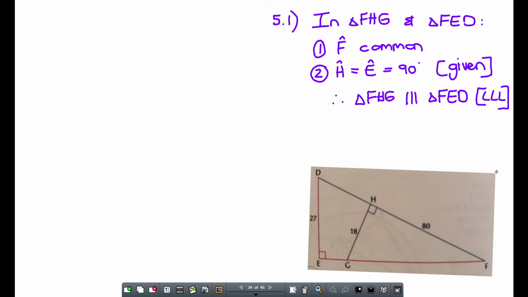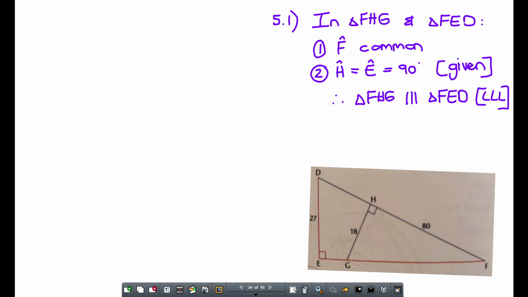At 5.1 they ask you to prove that these two triangles are similar. So again, because it's similarity, it's either all three sides or all three angles. Do we have all the sides of these triangles? No? You could have worked it out, maybe at this triangle. Sorry, no? But I rather went for the angles.